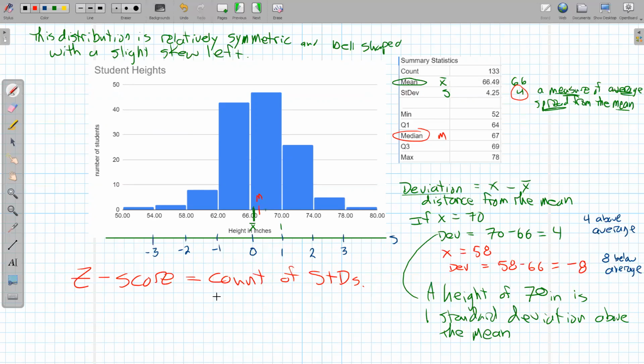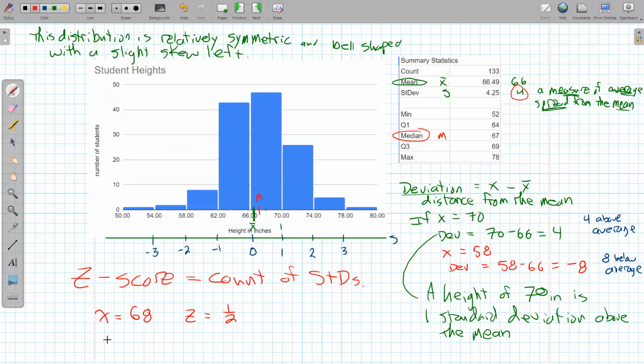So if I wanted to find my Z-score, right? If the mean is 66 and I'm 68, that's 2 above average. The standard deviation is 4, so I'm about half of a standard deviation. So if x equals 68, like for me, then my Z-score would be 1/2, because I'm a half of a standard deviation above average, it would be a plus.